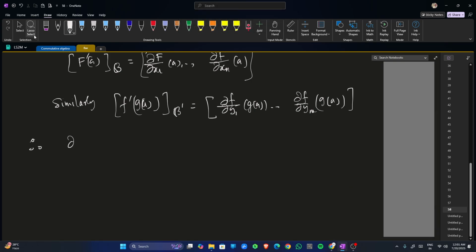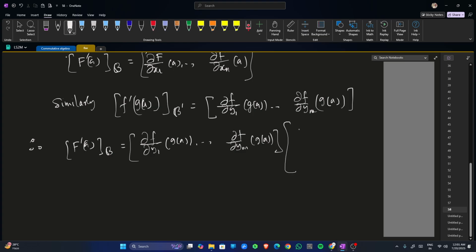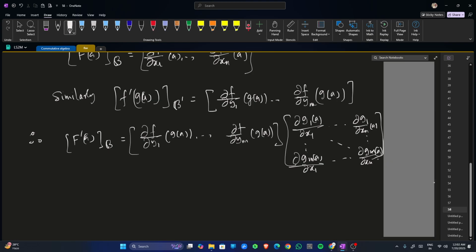Therefore, F prime at a, just using the chain rule, is del f del y1 at the point G(a), dot dot dot, del f del ym at the point G(a), multiplied by the matrix with del g1 del x1 dot dot del gm del xn, m components, at the point a.